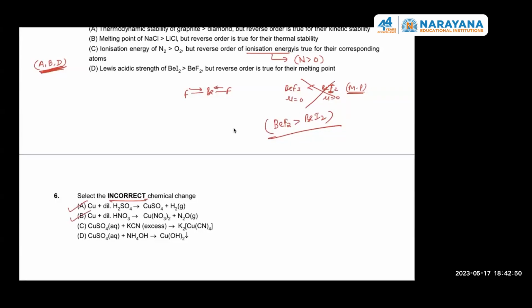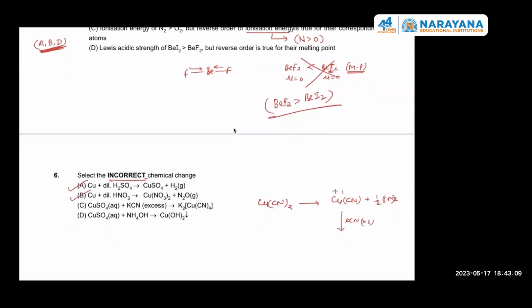In case of C, the copper complex, first of all, Cu(CN)2 will be formed, but Cu(CN)2 will get converted into CuCN and half (CN)2. So the final complex will be formed with copper plus 1 only.